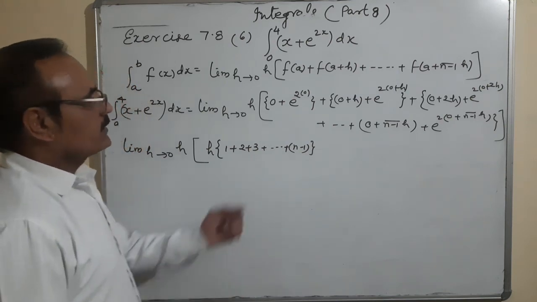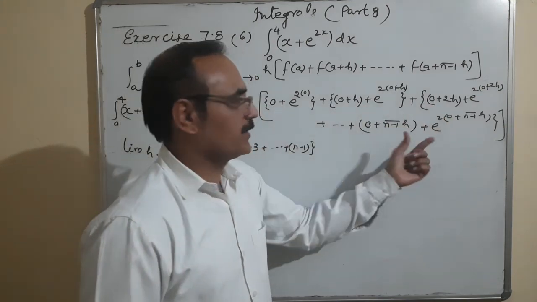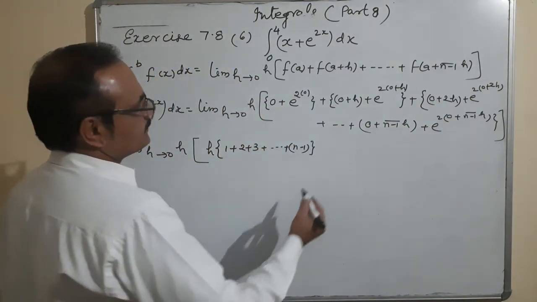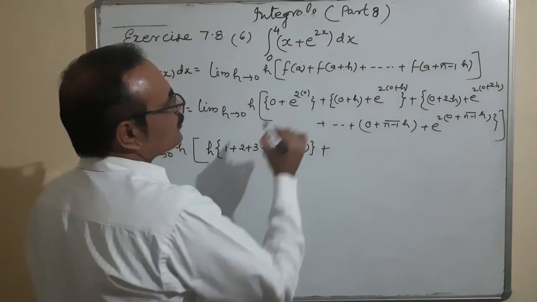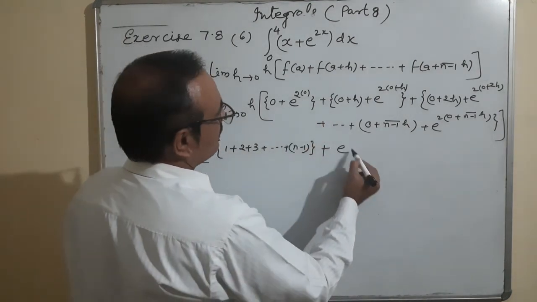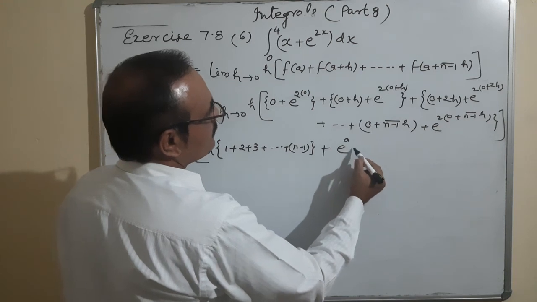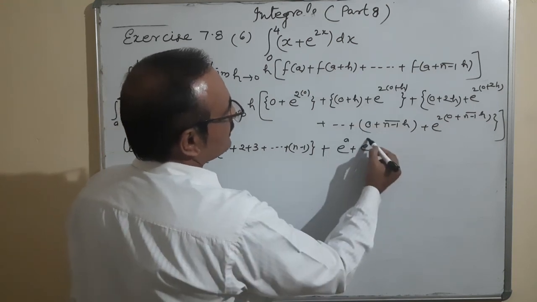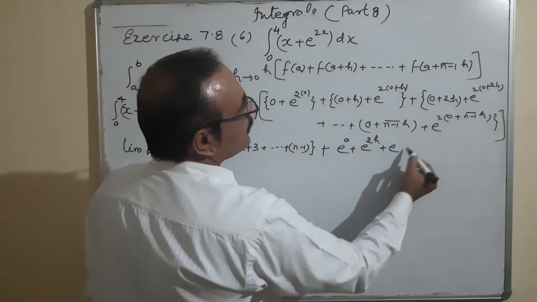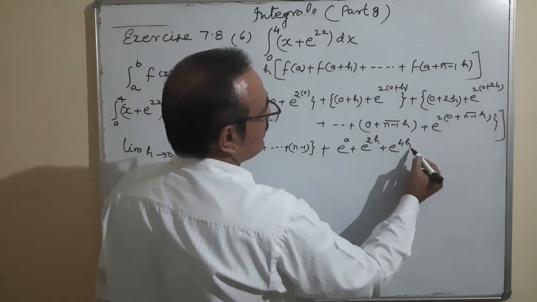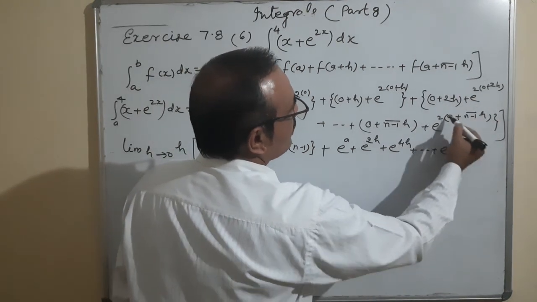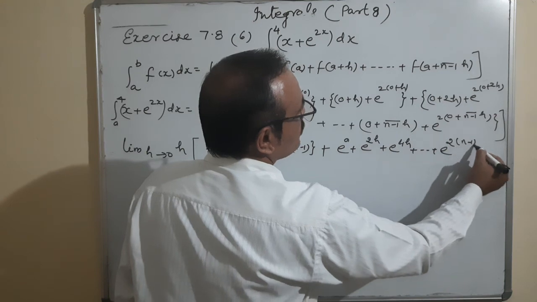This is the end of the first part. Plus e to the power 0, that is 2 into 0, e to the power 0, plus e to the power 2h, plus e to the power 4h, plus e to the power 2 n minus 1 into h.